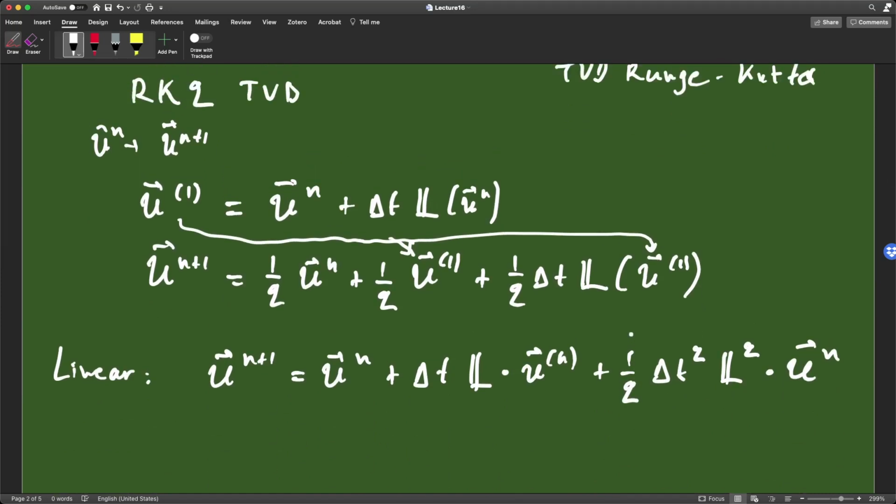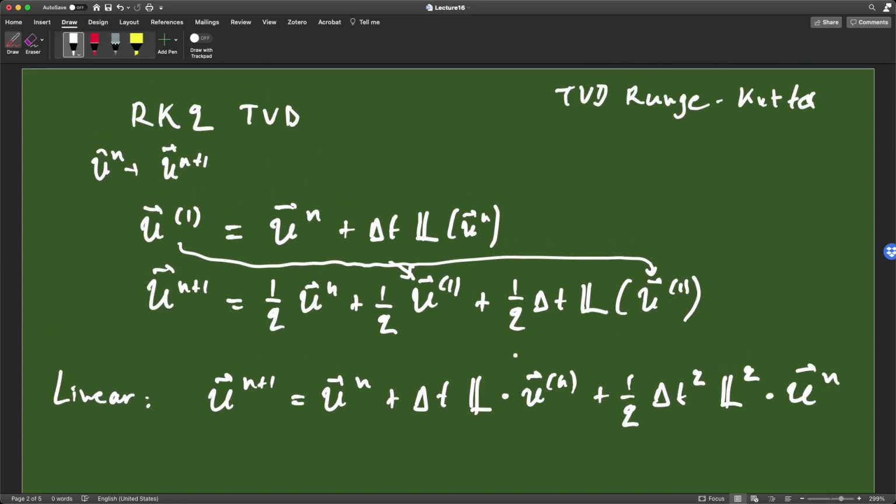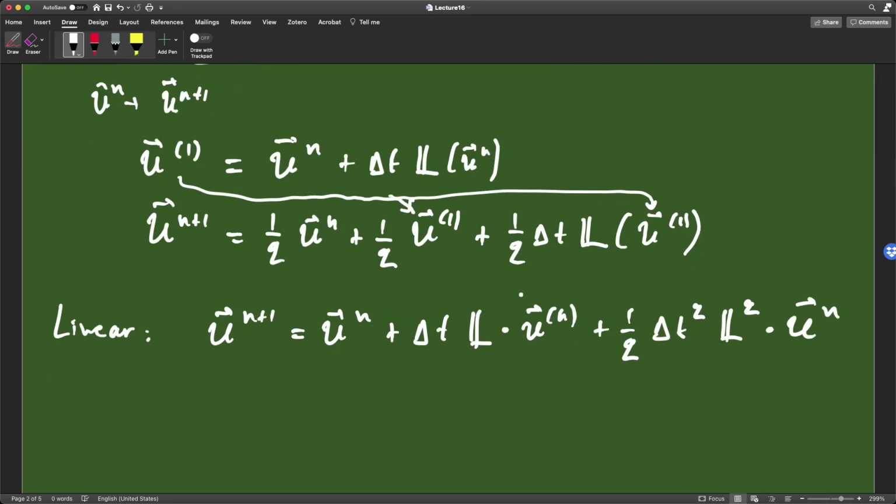So essentially, for linear PDEs, if L is a linear operator, then a Runge-Kutta method gives the same result as a Taylor expansion. So with that in mind, let's factor out the vector un.